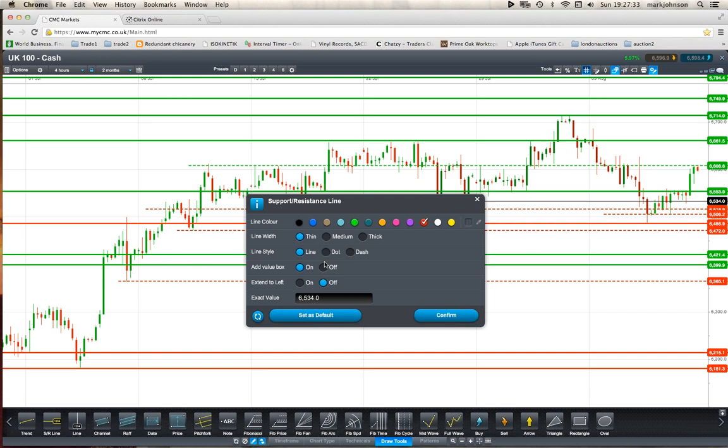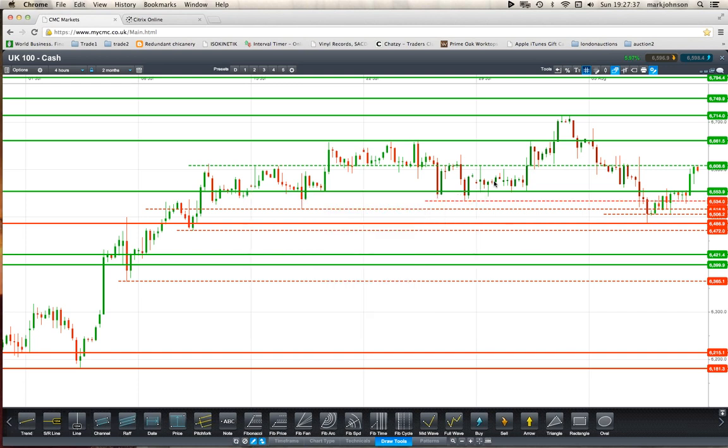I also look for hammers. See this 4-hour hammer here. Hammers tend to, not always, but if you get a hammer, it's a good point of support at the bottom of the wick, and you quite often find that there'll be two. I can't see a good example here, but normally there will be two.